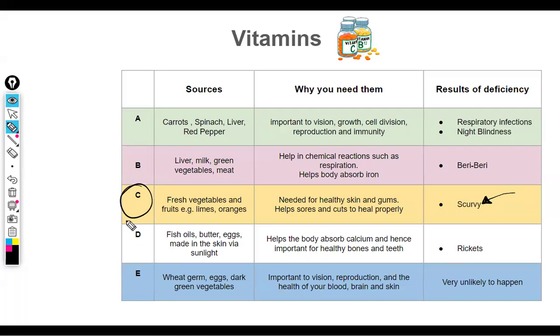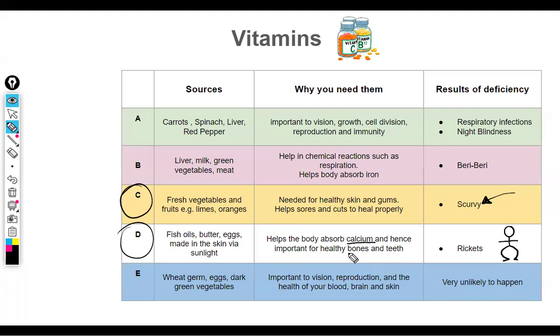Rickets, that's vitamin D. In case you all don't know what rickets is, have you all ever seen anybody with legs like this? Their legs don't look straight. Instead, their legs form a kind of curve like this. That's when the child was young and the parents didn't give them enough vitamin D. It prevents your body from absorbing calcium.